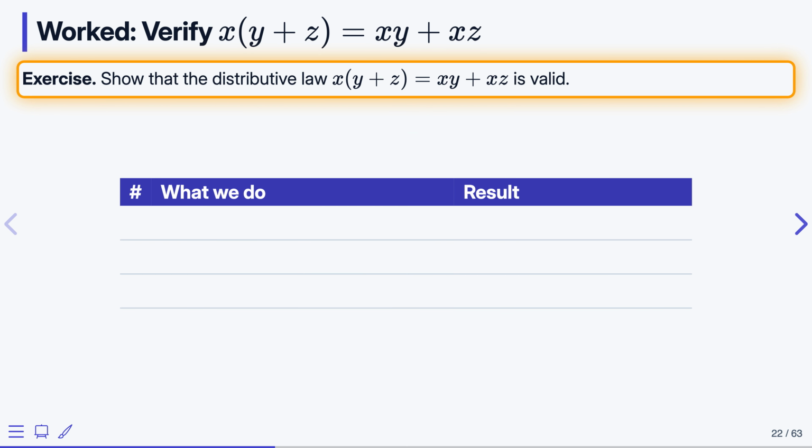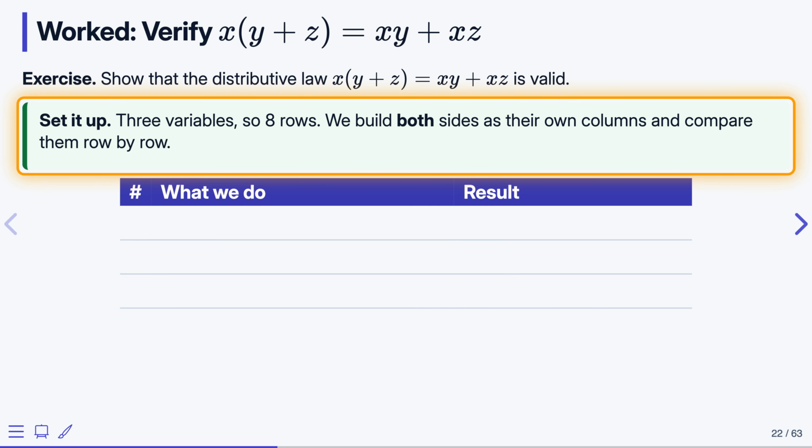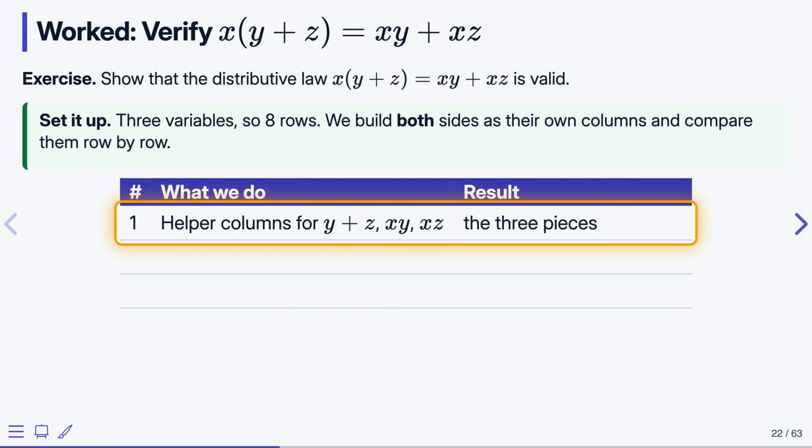Let's prove one identity in full. We take the distributive law. X times the bracket y plus z equals xy plus xz. Set it up. There are 3 variables, so the table has 8 rows. The plan is to build the left side and the right side as 2 separate columns, and then compare them. Step 1. First the 3 small pieces.